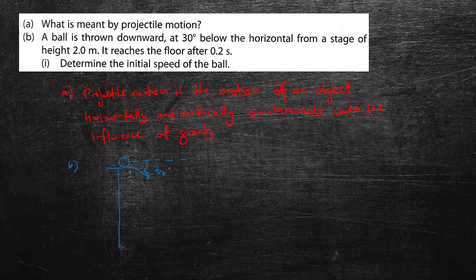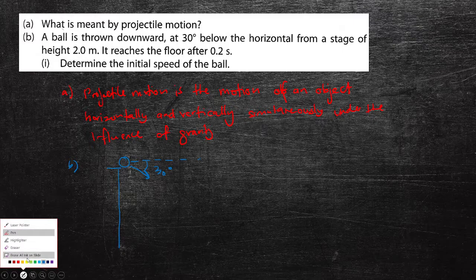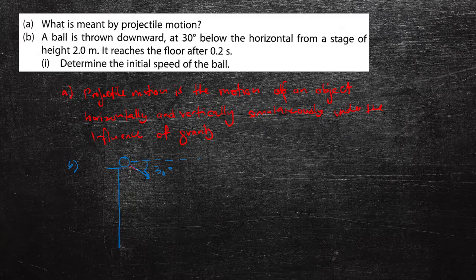It will have a projection towards the floor, and it takes 0.2 second from the top to the bottom. The height is 2 meter to the floor, and we're going to determine the initial speed of the ball.